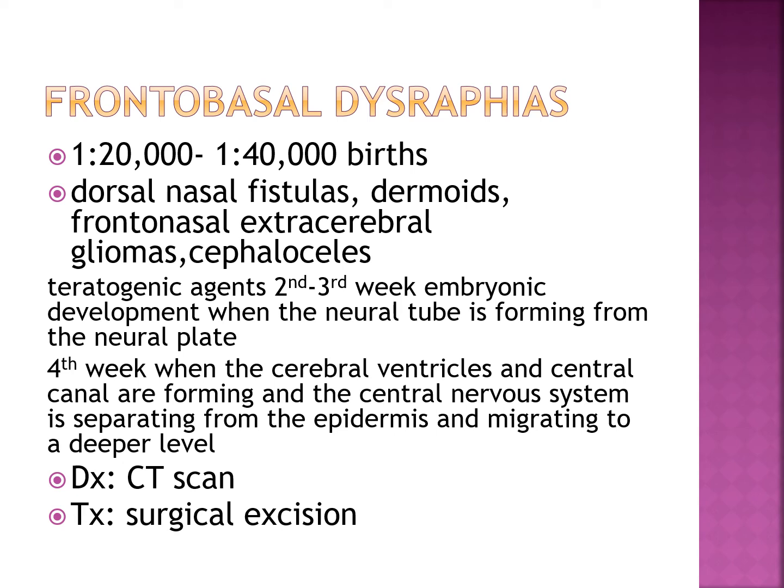It happens if there is any history of teratogenic agents during the second or third week of embryonic development, when the neural tube is forming from the neural plate, or the fourth week, when the cerebral ventricles and central canal are forming and the central nervous system is separating from the epidermis and migrating to a deeper level. Diagnosis is done by CT scan and the treatment is surgical excision.